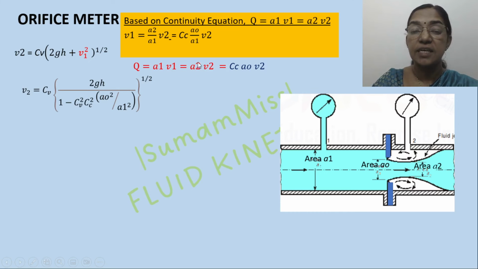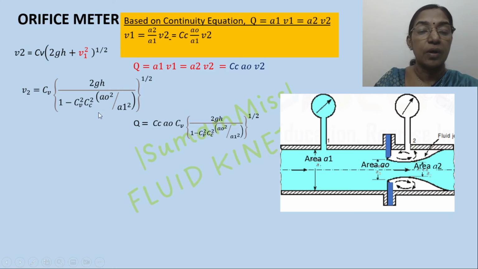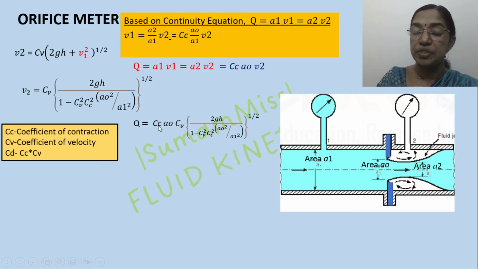So A2 is replaced by Cc into A0 into V2. Now V2 is replaced by this expression. So Q can be written as Q equal to Cc into A0 into the replacement of V2 by this expression. Cc is the coefficient of contraction and Cv is the coefficient of velocity.